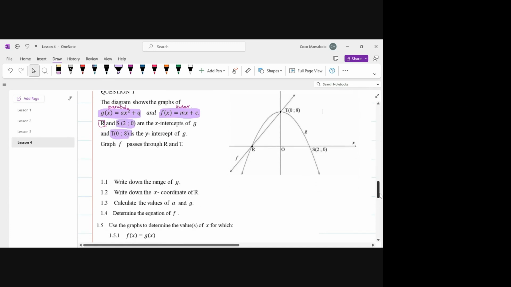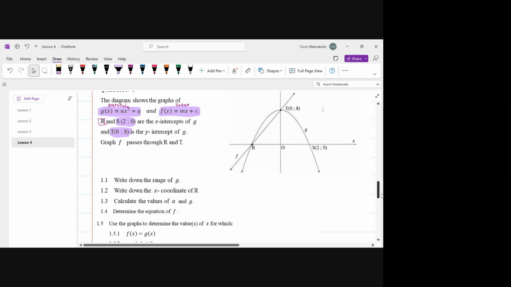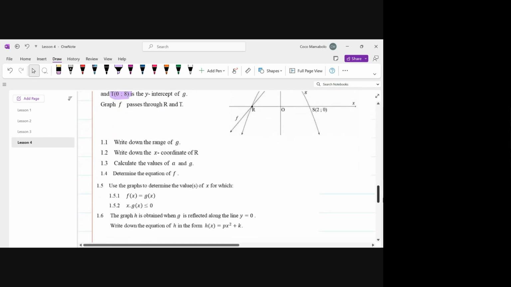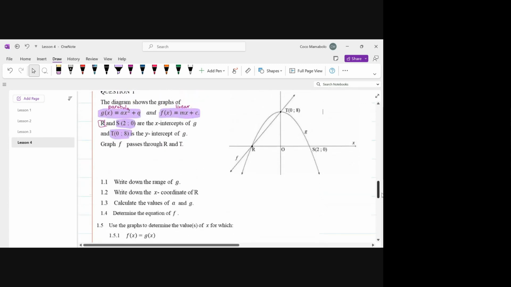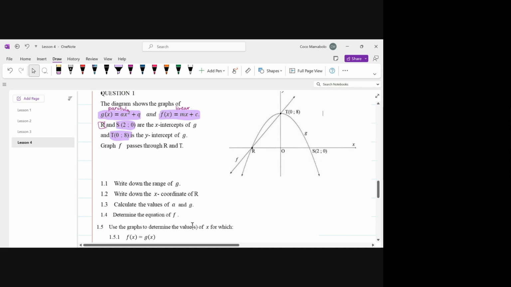For those of you who know you can get through this question, we'll get to 1.5 and 1.6. But here are the first 4 questions. All right, I'm going to give you guys 4 minutes because that first question is a free mark. I don't know what else to call it. It's 3 things.